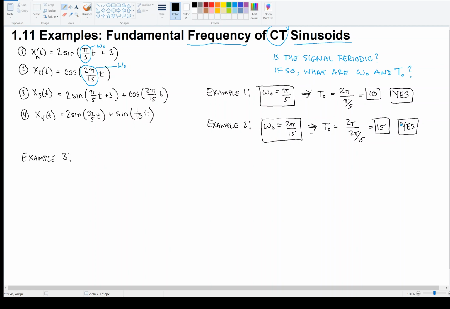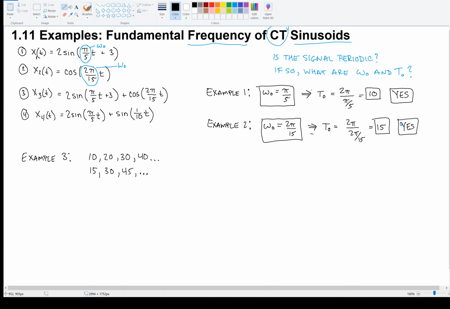Let's try to formalize this. The first one repeats every 10 units of time, but also every 20, every 30, 40 units of time, and so on. The second component repeats every 15 units of time, 30, 45, and so on.